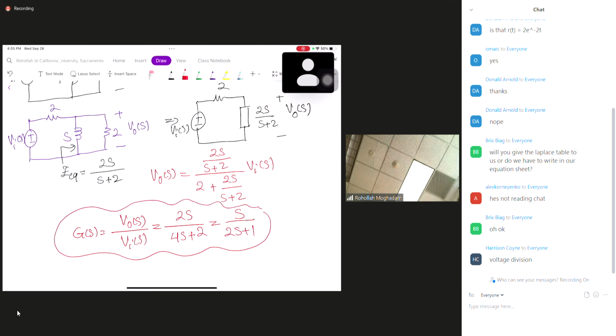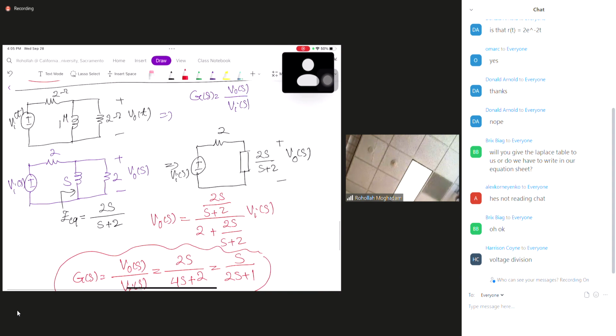Okay? So you can also do the node analysis, write down the node voltage V1 over here, and find the node equation for this as well.